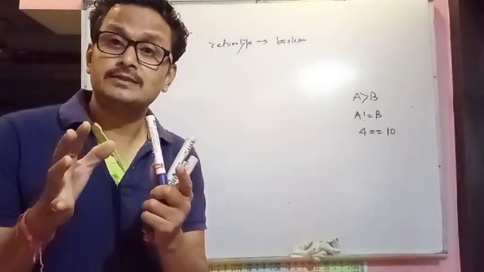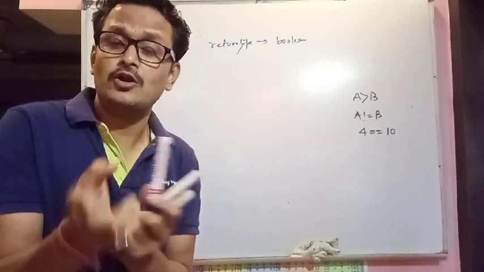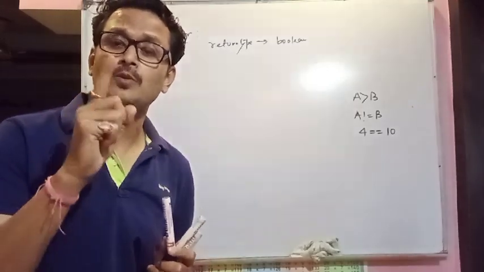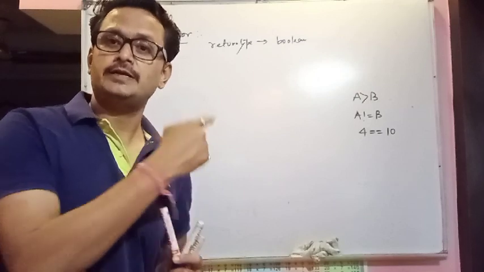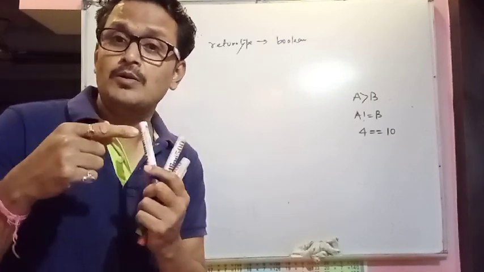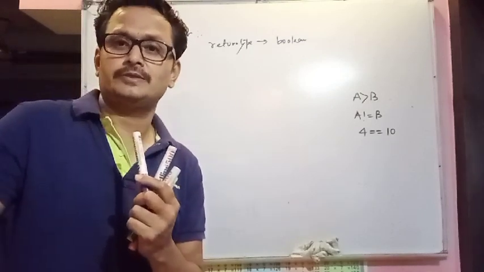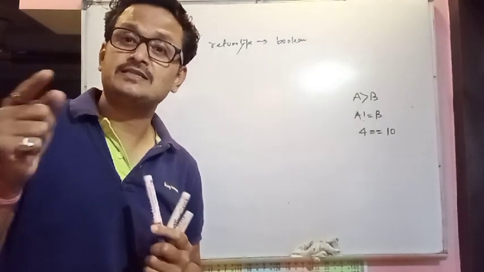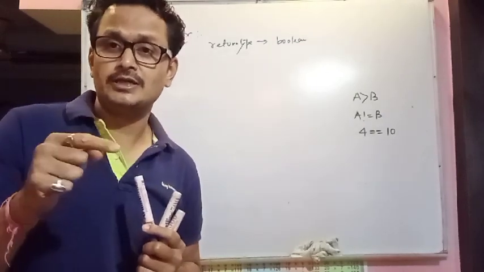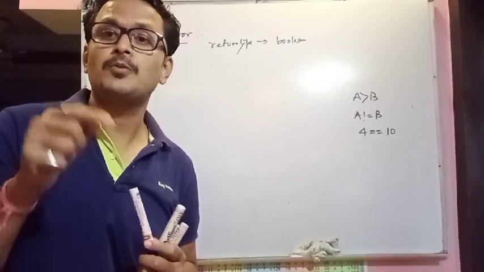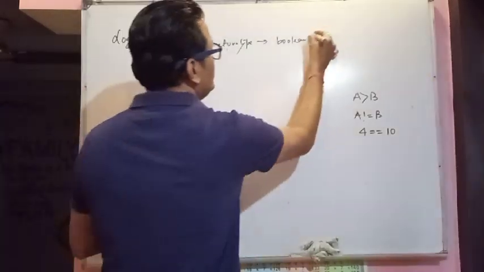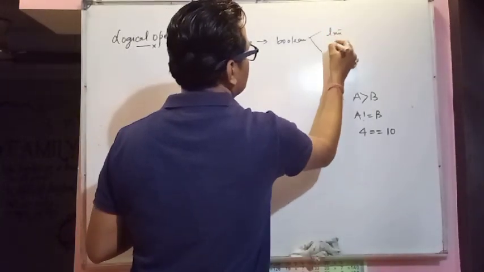So what is the difference between relational and logical? Relational में there will be one condition, but here there may be one or more than one condition. And what is the similarity between relational and logical? Both will return Boolean value. मतलब क्या रिटर्न करेगा? या तो ट्रू रिटर्न करेगा या तो फॉल्स.